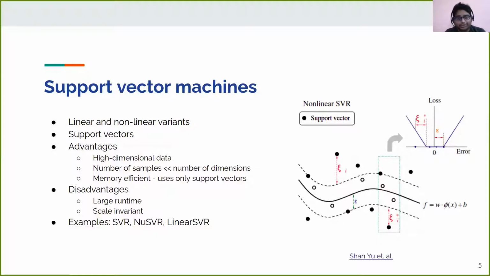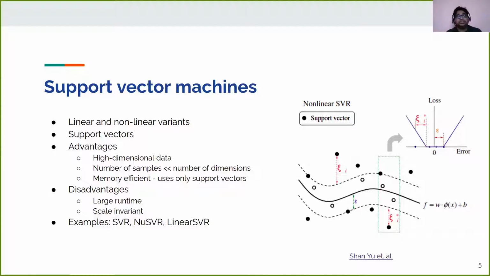Support vector machines, or we can say support vector regressors, SVRs, they can be linear and nonlinear, both. On the right, we can say that there is this dark line, which is the separator between the boundaries.